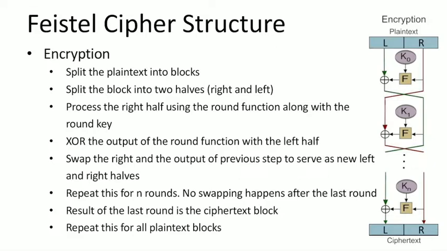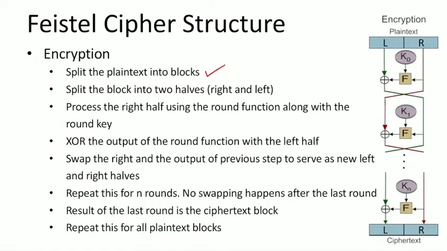Since this is a block cipher structure, the first thing you would do is take the plaintext and split it into blocks. All of the blocks have to be equal size. Then you take individual blocks and encrypt them individually using this Feistel Cipher Structure.